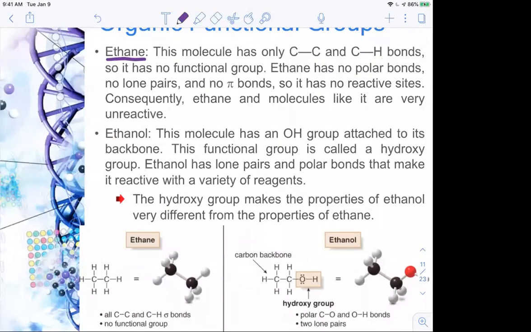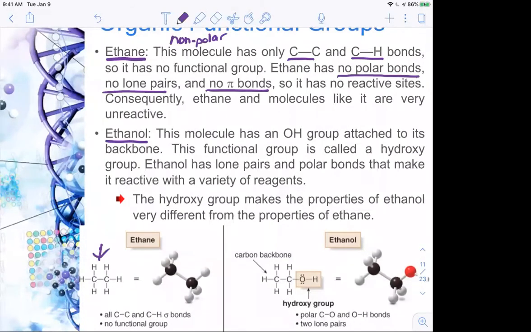This has only carbon-carbon and carbon-hydrogen bonds. It really has no functional group per se. No polar bonds. This is totally non-polar. There's no lone pairs. There's no pi bonds. The only thing I have here is carbon-carbon bonds and carbon-hydrogen bonds.